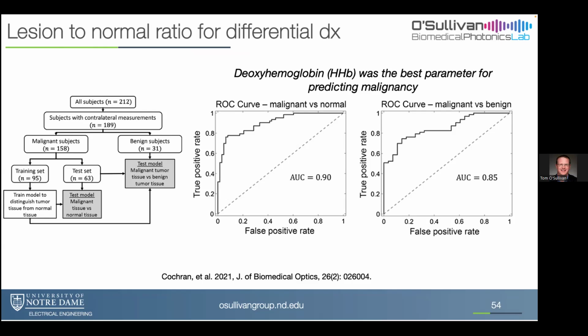What was unique about this particular paper was using the statistical Z normalization technique. The idea behind that goes back to a point I made earlier: we're very nonspecific. Everyone has blood, water, and fat. Every breast is different, right? Even among healthy, normal breast tissue, you can imagine there's different breast composition, sizes, et cetera.